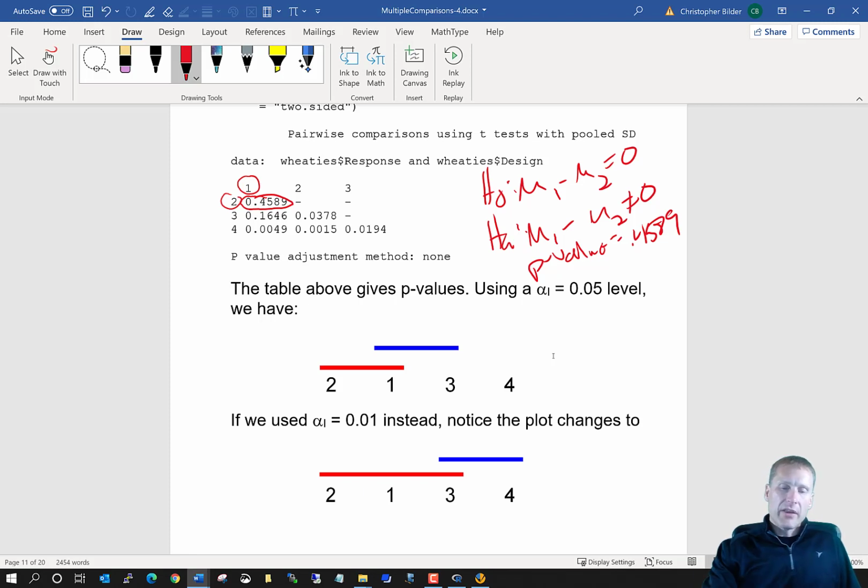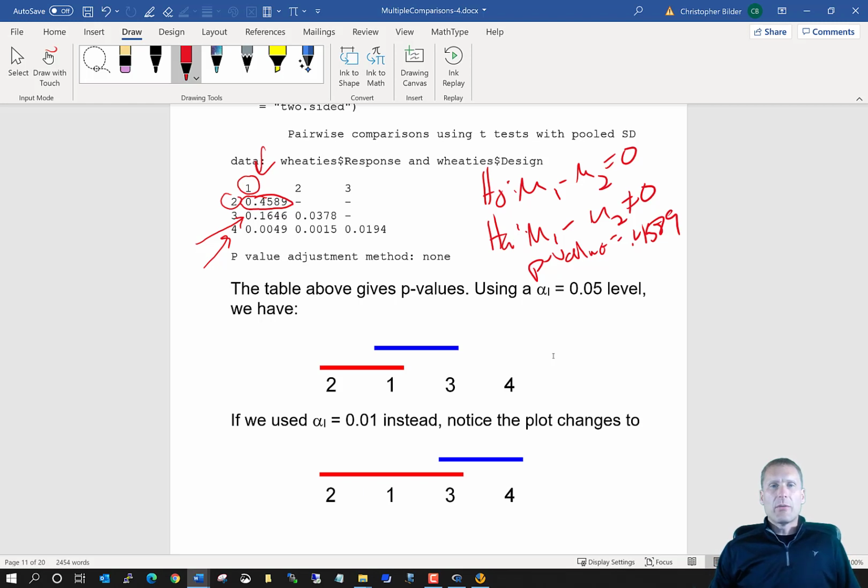Well, what about comparing design type 1 to design type 3? Here's the p-value, 0.1646. What that tells me is, again, there's not sufficient evidence to indicate a difference in the mean sales for design 1 versus design 3. But now look at if I compare 1 to design 4.